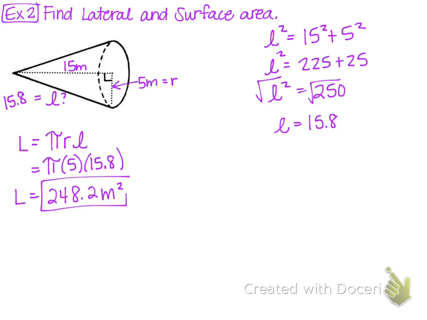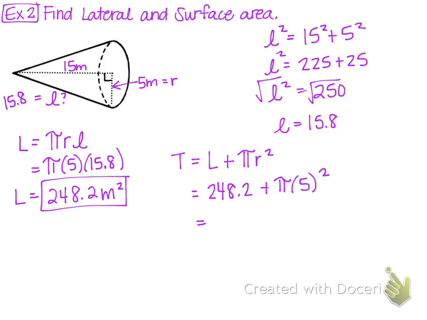So that's my lateral. And my total, in this case, is equal to the lateral plus, and I'm going to go ahead and use the pi r squared. So my lateral is 248.2 plus pi times the radius, which is 5, squared.